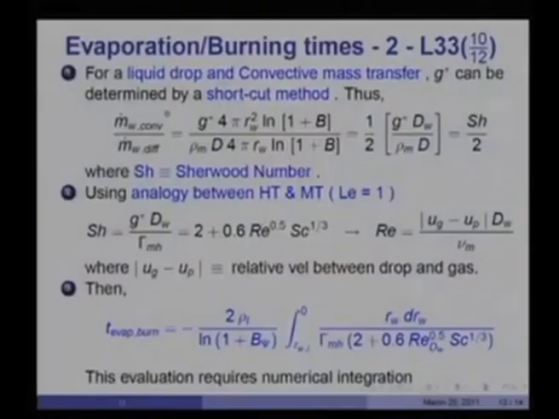So, in such a situation, we can use a shortcut method, and thus we can say that m dot w, that is the mass transfer rate under convection divided by the mass transfer rate under diffusion, would be: mass transfer rate under convection according to the Couette flow model is G star times A w, which is 4 pi R w squared ln(1 plus B), and the mass transfer rate according to the diffusion model, which is the Stefan flow model, is rho m D times 4 pi R w times ln(1 plus B).